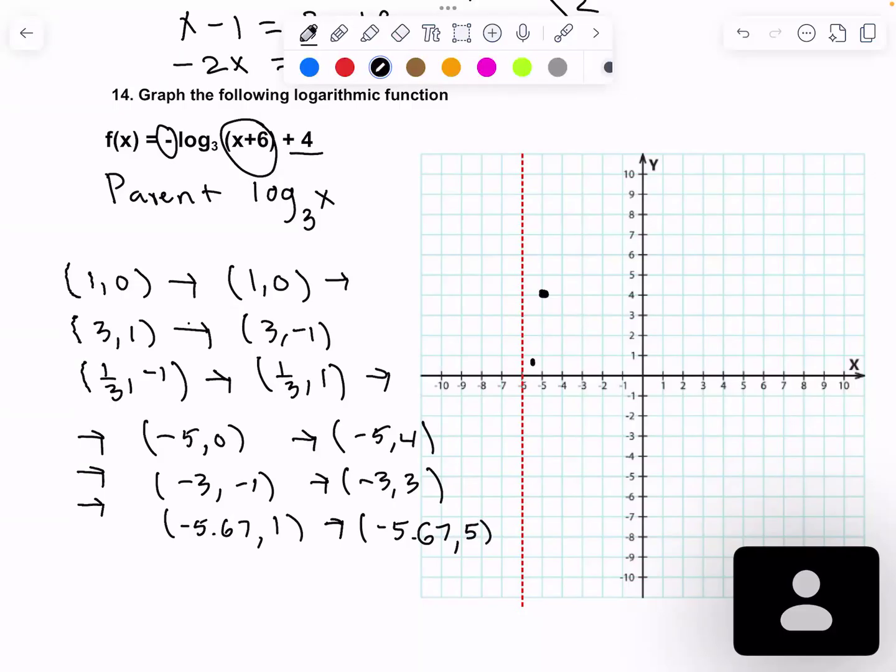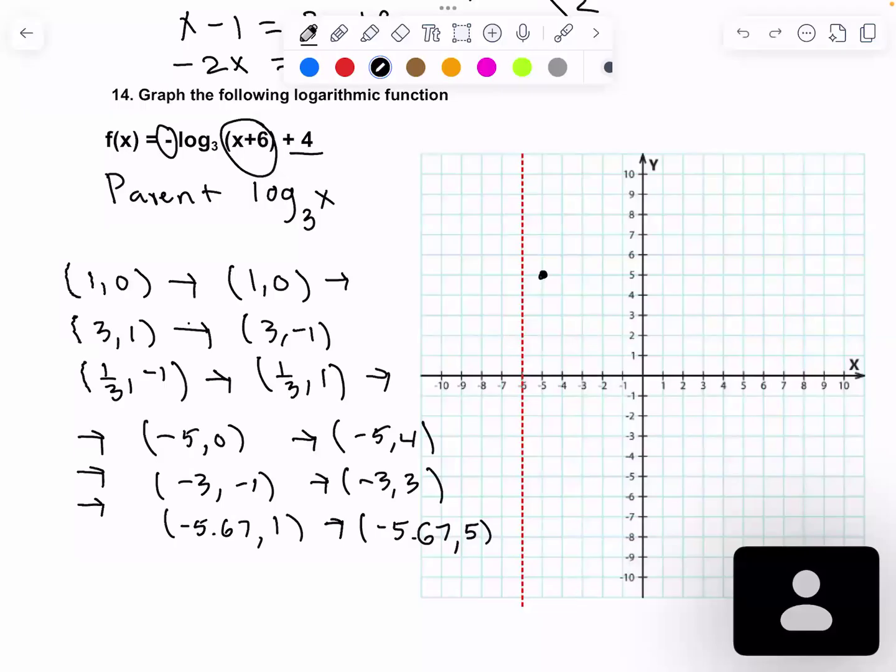Who teaches this? Okay, here we go. So that will be, give or take, right here, which actually doesn't look much better. So did I do something? Okay, so this one has to be, oh God, let's plot these points again. How embarrassing. Okay, -5, 4 is right here. -3, 3 is right here.